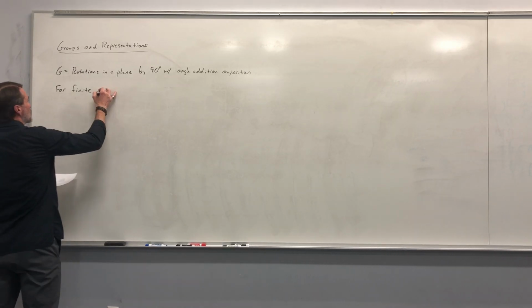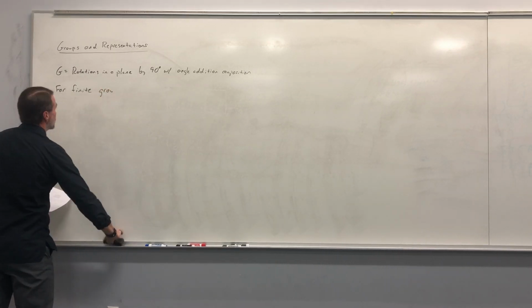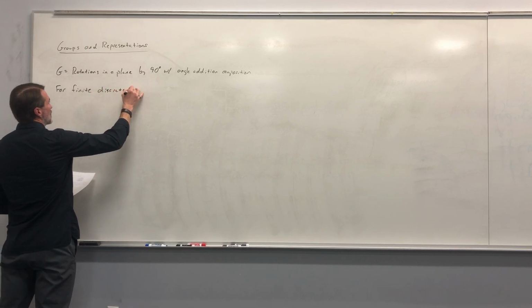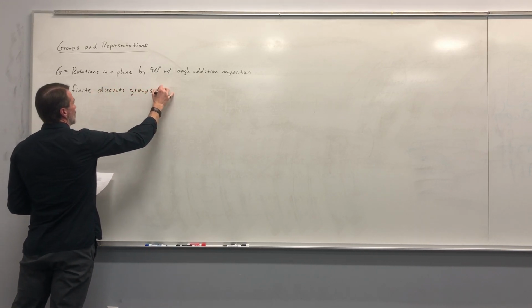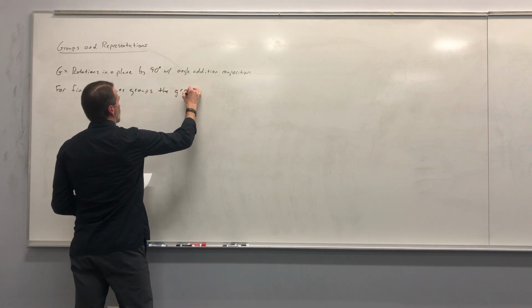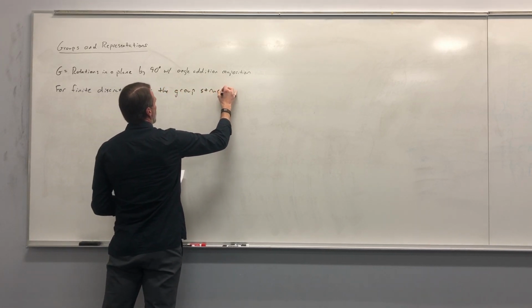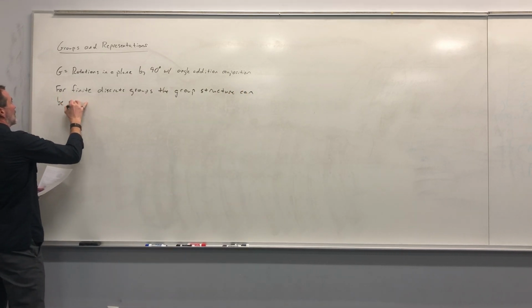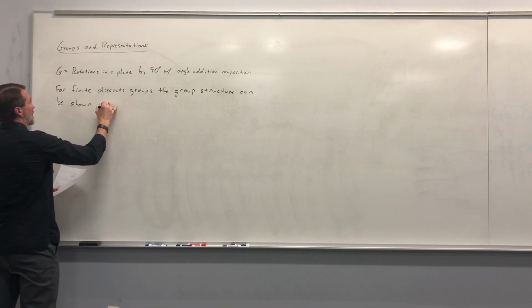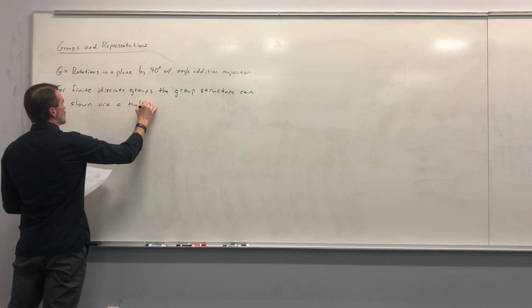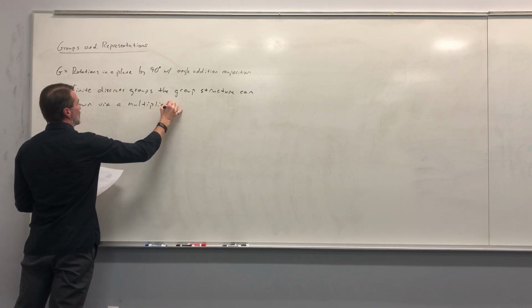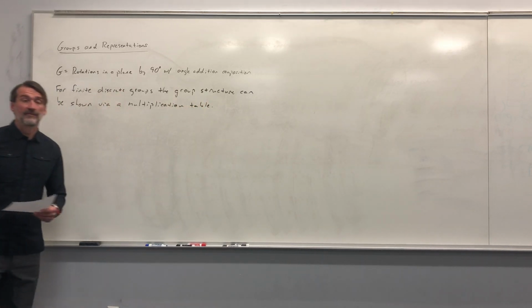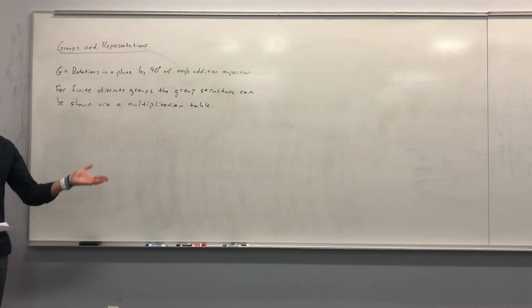Okay, so for finite groups, I'll just put in discrete just so you know it has to be a discrete group. For discrete groups, the group structure can be shown via a multiplication table. Turns out a multiplication table is yet another way to define a group, a finite discrete group.